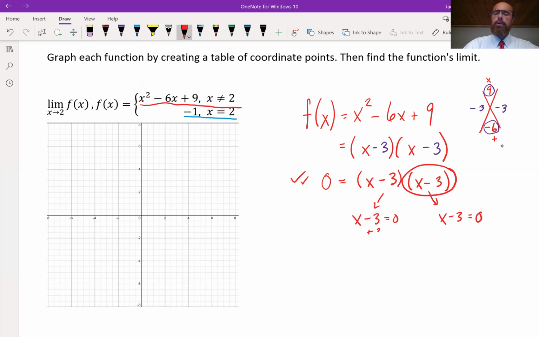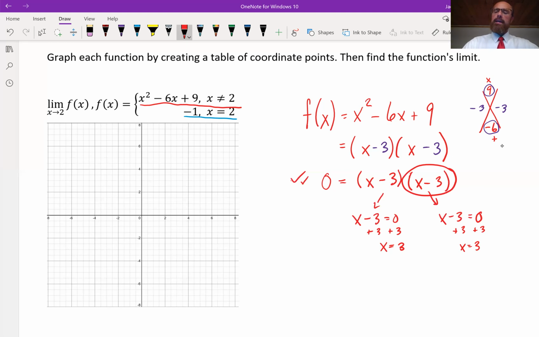So I'll solve this one on the left, add 3 to both sides, and we get this x-intercept at positive 3. We could solve that other one, but really it's the same thing, x equals 3. Now recall from pre-calculus that if I have a polynomial with a binomial factor duplicated, what it means is the function bounces off the x-axis at that x value.